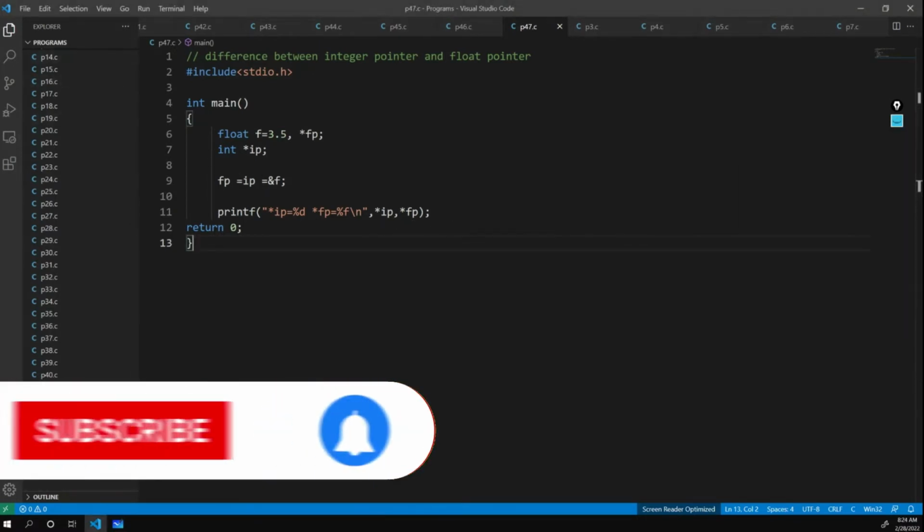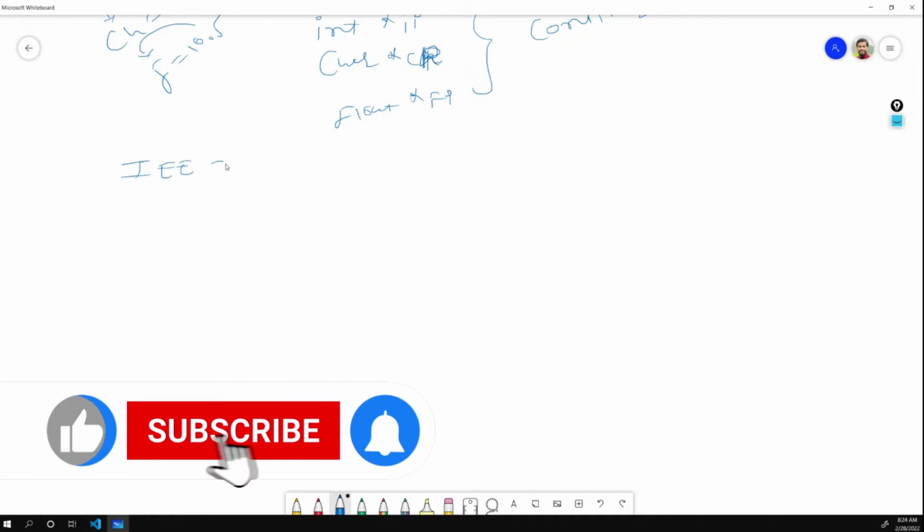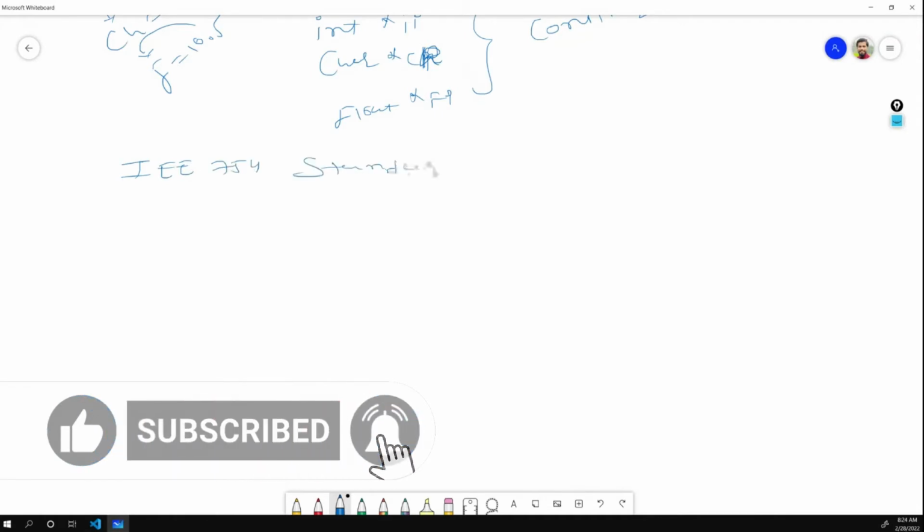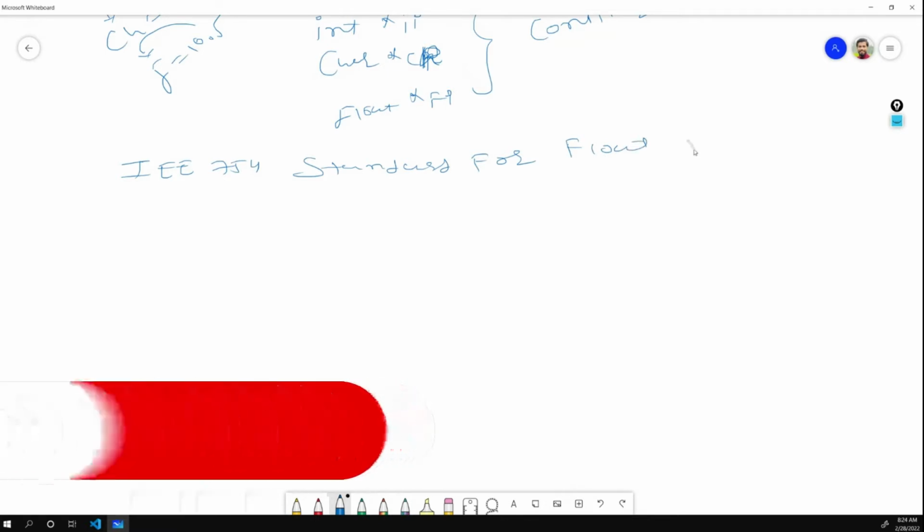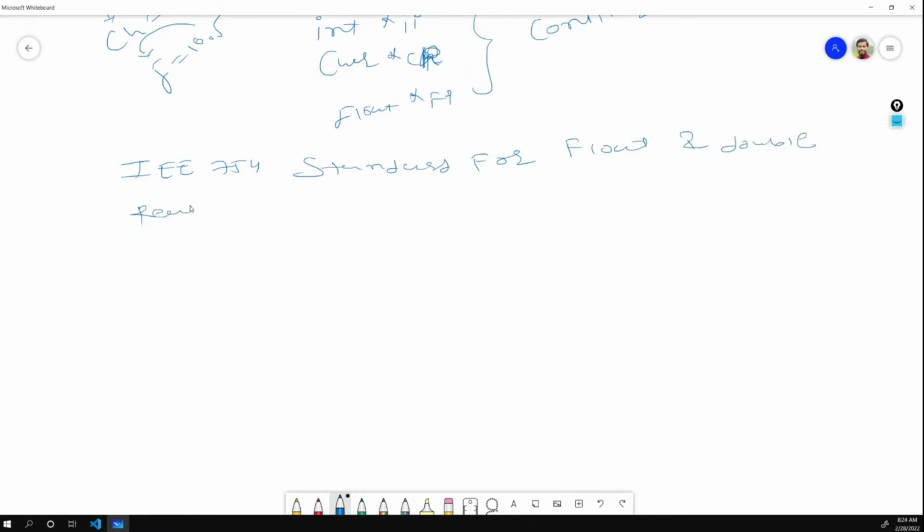Write down in your book: IEEE 754 standard for float and double, real number representation. You should know how your data is stored in memory, whether you are using float, integer, or character. For integers and characters we generally use the signed and unsigned formats, which we have already seen.